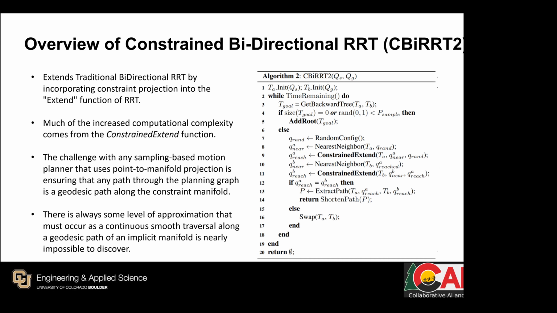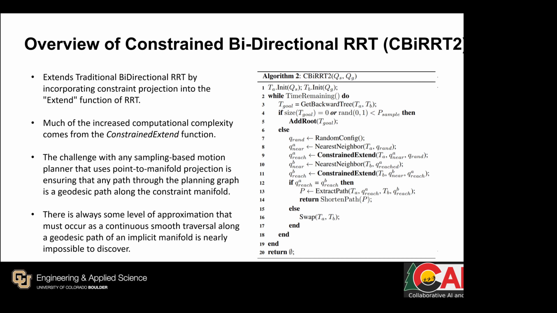You do this over and over again until hopefully your trees converge at a point that is connectable and you've solved the path. Essentially you're growing two constrained trees towards each other, and once they're connectable, you have a solution, a guaranteed trajectory that is constraint compliant.